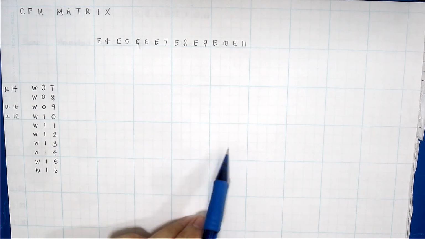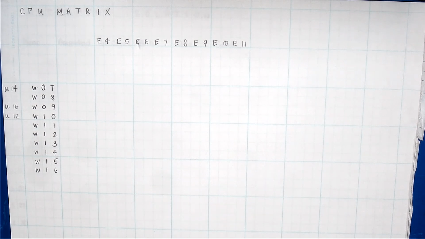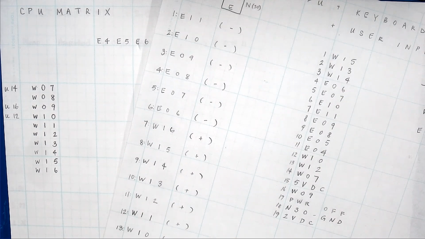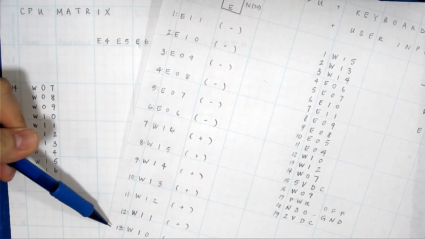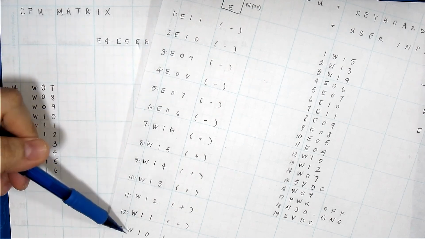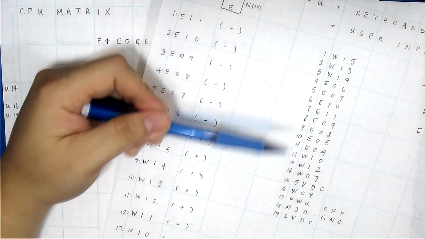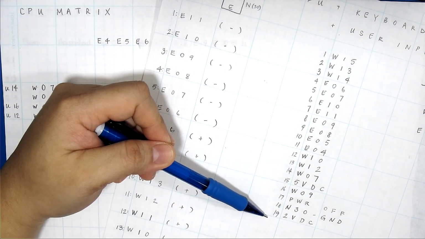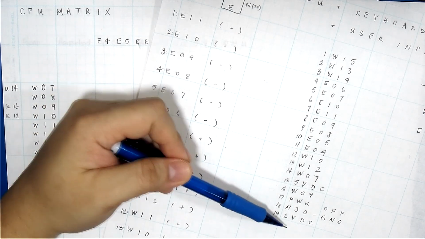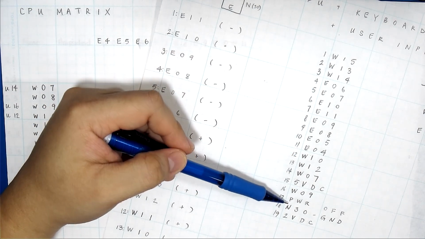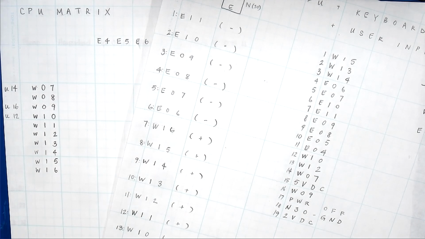Based on this sheet that we filled out last video, we know that the 13 lines of the keyboard are associated with certain east and west lines, and the 19 lines of the user input board are associated with a certain number of east and west lines. And of course there are going to be shared ones here.